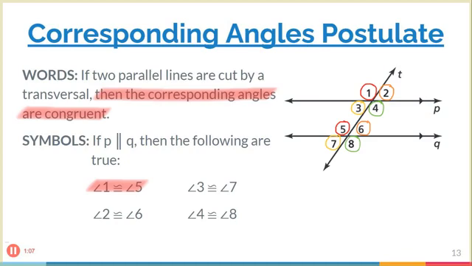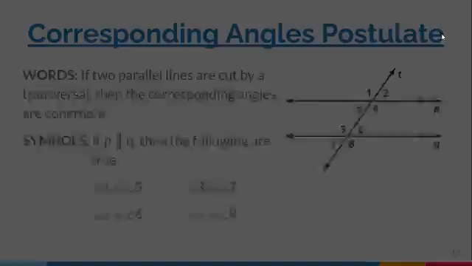Likewise, since angle 2 and angle 6 were corresponding, they are congruent, and the same thing with angle 3 and 7, and 4 and 8. So when those two lines are parallel, our corresponding angles are congruent. And that is our corresponding angles postulate.